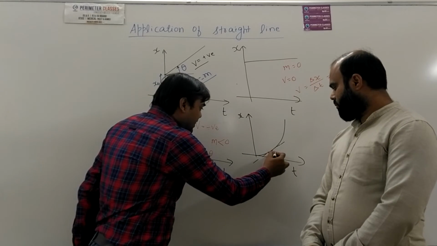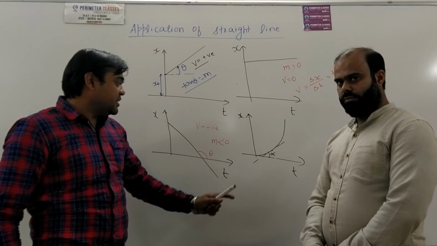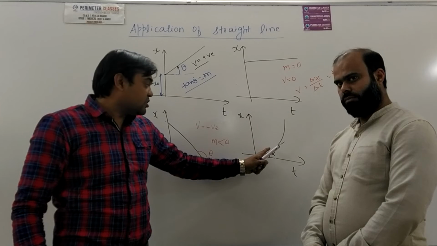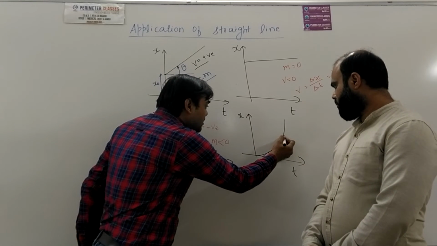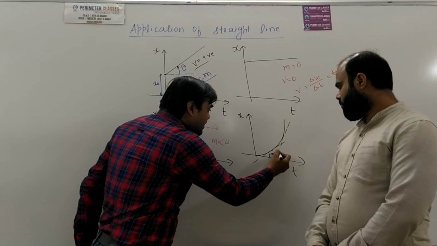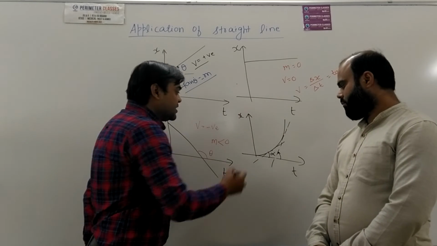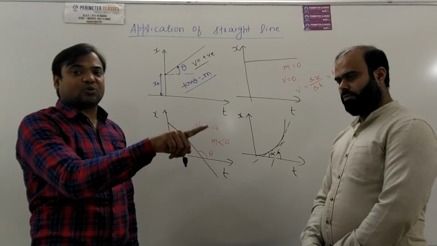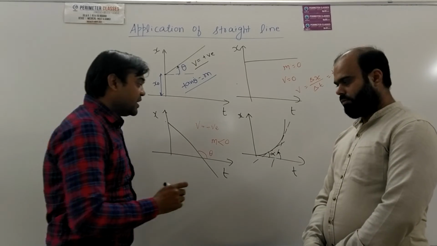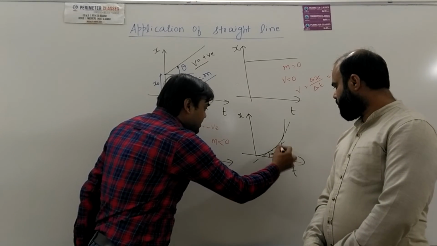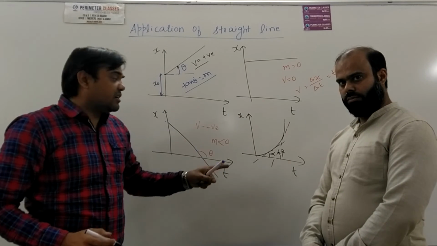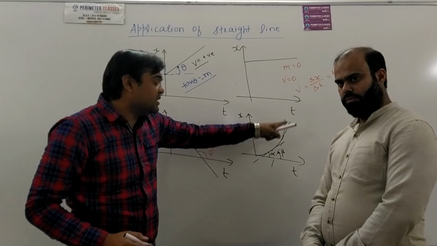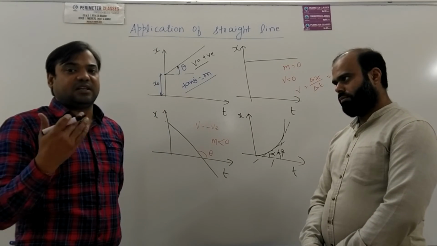Let us say this angle is alpha. Then alpha is an acute angle, so the velocity at this point is positive. But if I move to some other point, the slope at this point is again positive, but different from the previous one. Let us say the angle is beta. If I come to this point, the angle will be different, and continuously you can see that the angle is increasing, and hence the velocity is increasing.